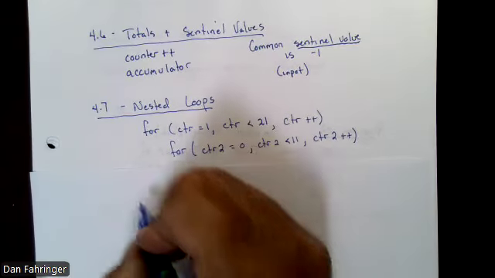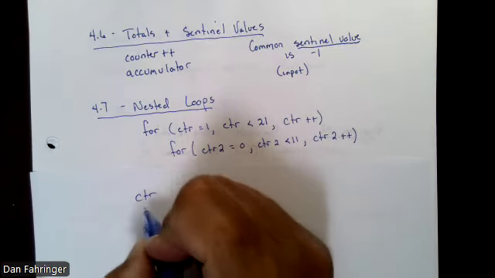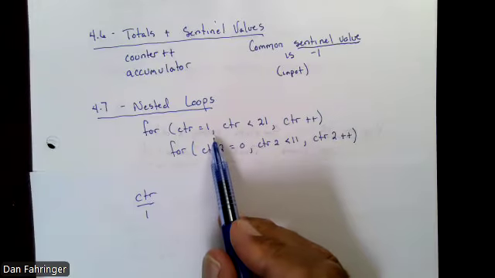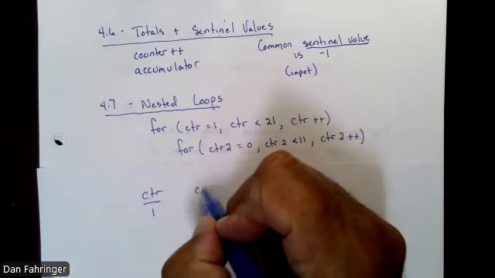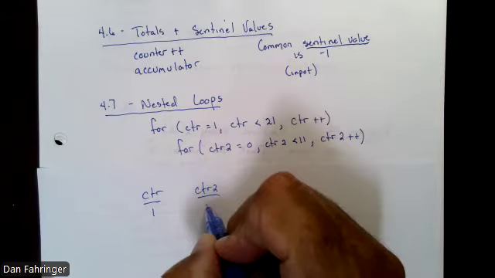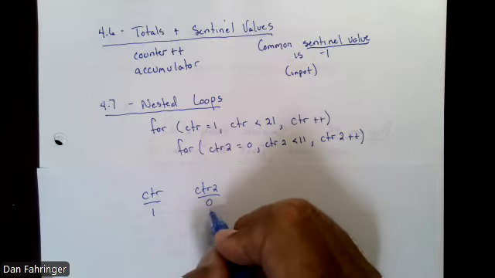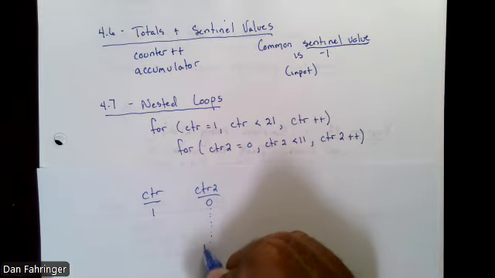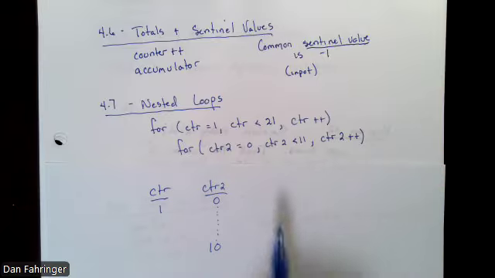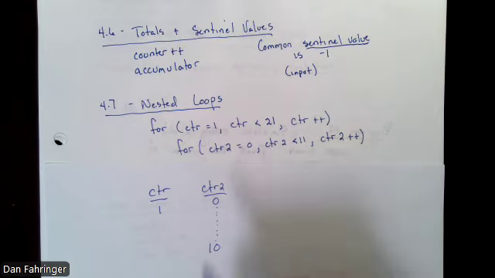If I was doing this by hand, I'd say counter gets a value of 1. Counter 2 starts at 0 and goes 1, 2, 3, 4, 5, 6, 7, 8, 9, 10. How many times was that? This went from 0 to 10. 11. Yeah, this is 11.